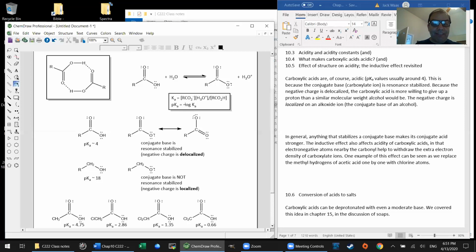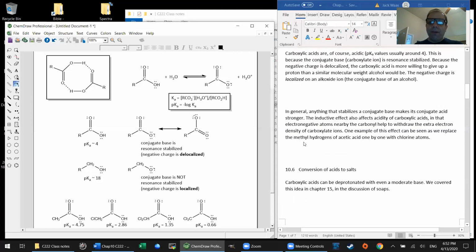And that's thanks to this nasty little minus sign in front. But that's important to remember. Stronger acids have higher Ka values and lower pKa values. And the opposite's also true. Weaker acids will have lower Ka values and higher pKa values. So that's something worth bearing in mind.